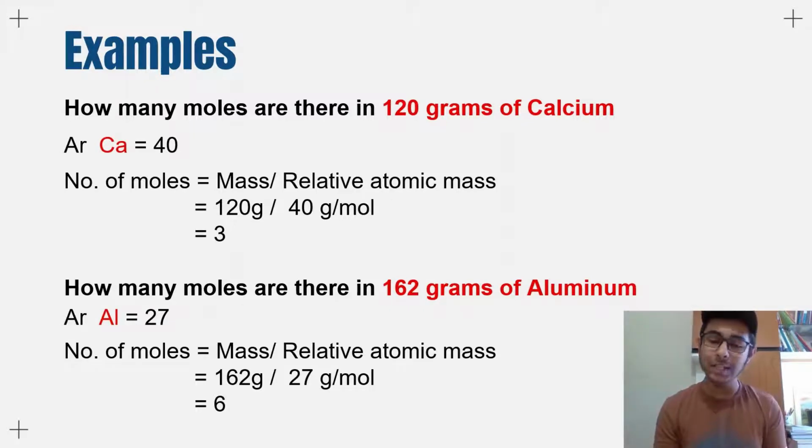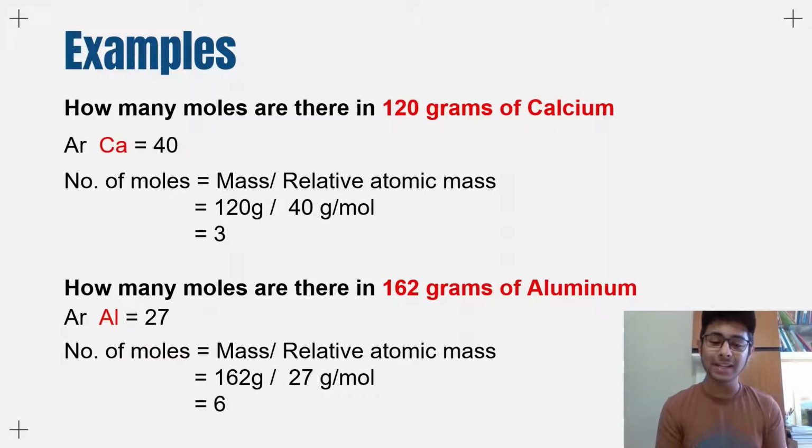Number of moles equals mass divided by relative atomic mass. We have the mass, that is 120 grams, divided by the relative atomic mass 40. So 120 grams divided by 40, we have 3. So as you can see, we can easily find out the number of moles by inputting a simple formula. So 3 moles are present in 120 grams of calcium.